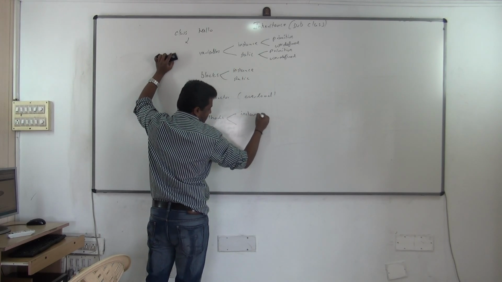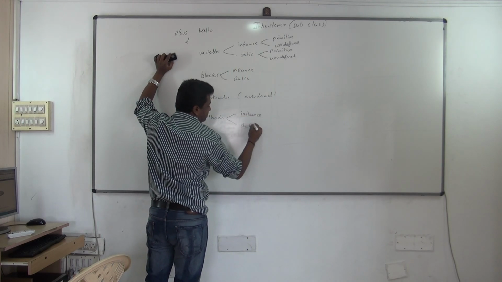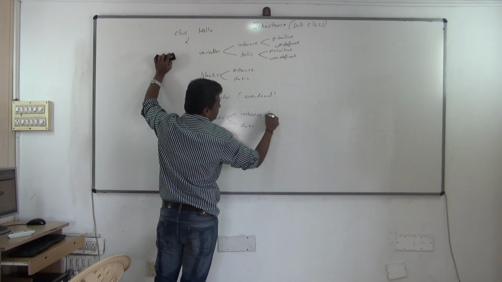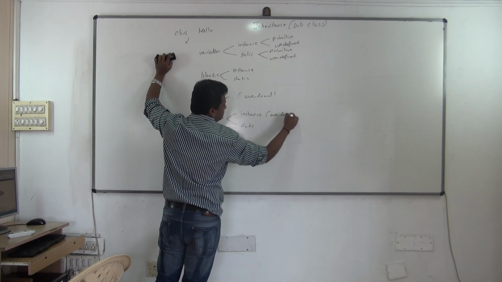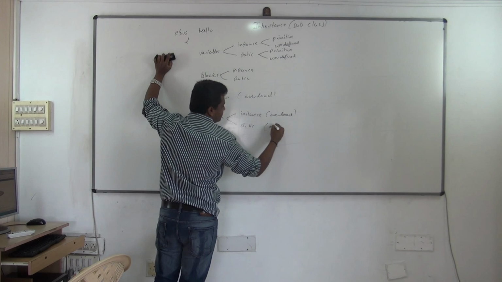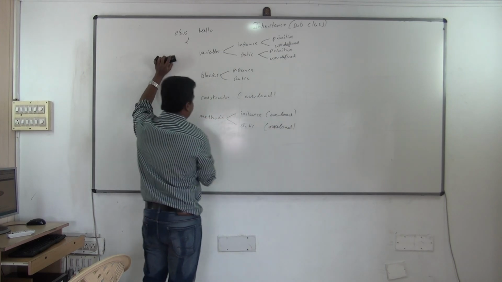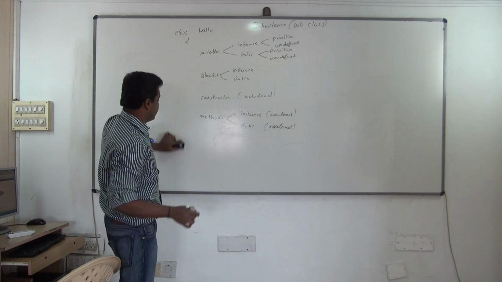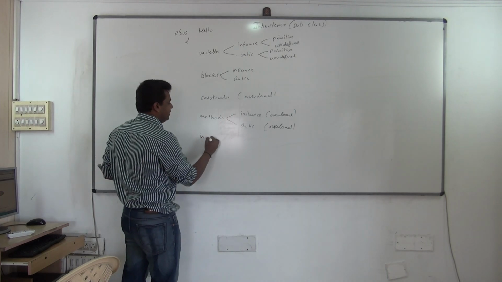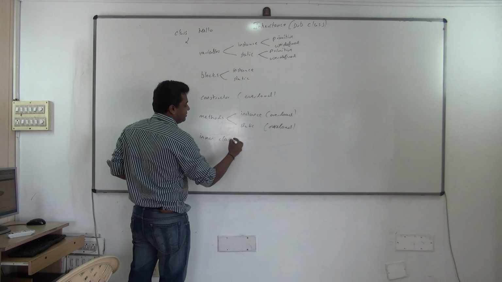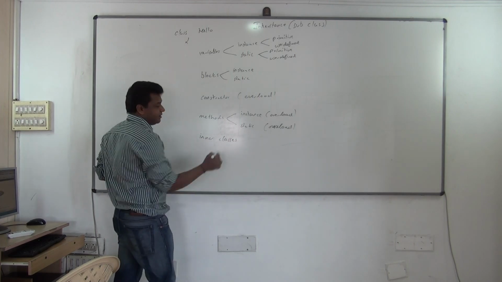Instance, static. Then again you can overload these also. You can overload an instance method also, you can overload what? Static method also, try it. These are the members. Again one more thing will come, inner classes, which are not covered, I'll be covering later.